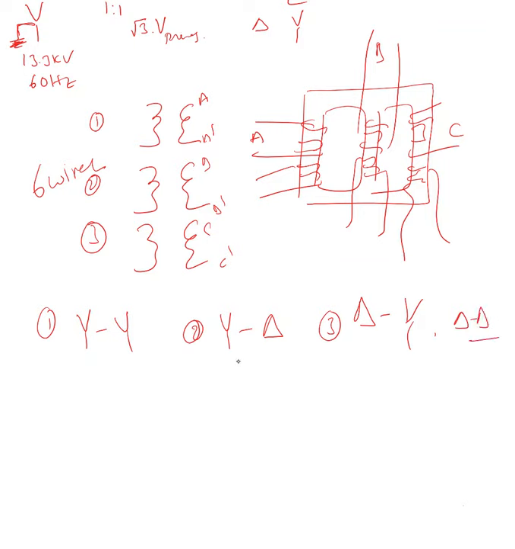As I mentioned, Y-delta and delta-Y are going to be used most of the time in the transmission system to transmit the power. Y-Y and delta-delta have limited applications. I do not have a good answer for where we use them at this point, but they have limited applications.